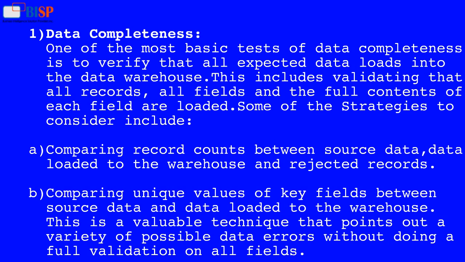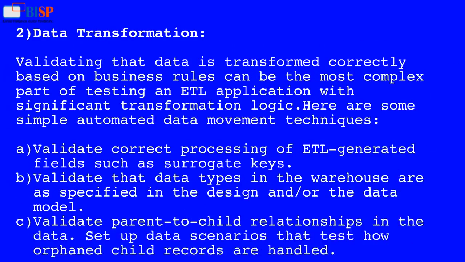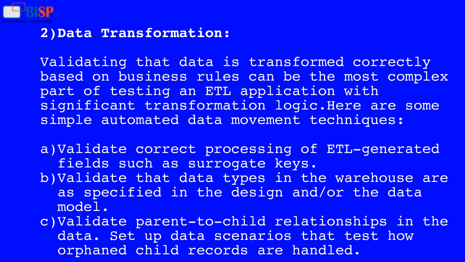B. Comparing unique values of key fields between source data and data loaded to the warehouse. This is a valuable technique that points out a variety of possible data errors without doing a full validation on all fields.